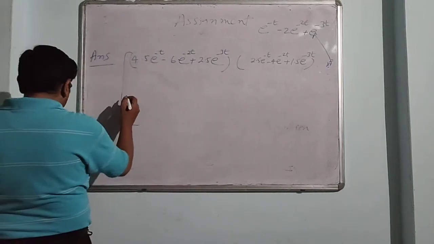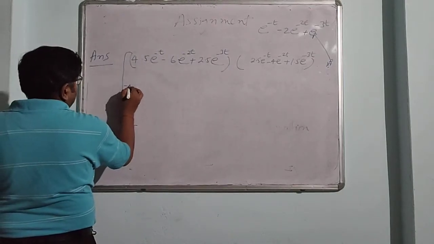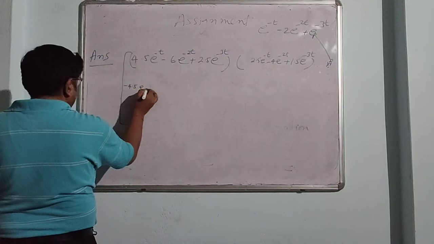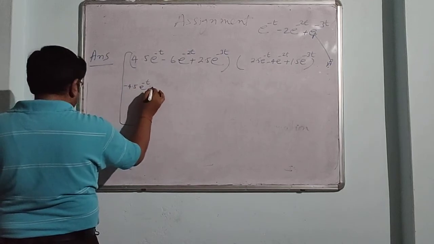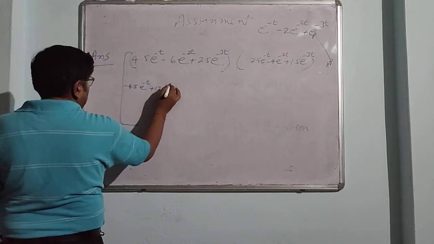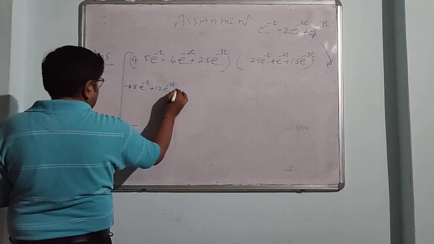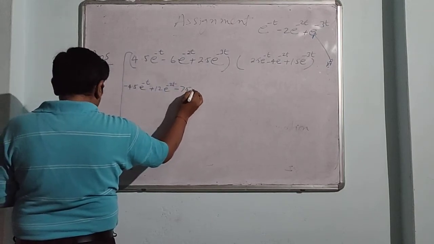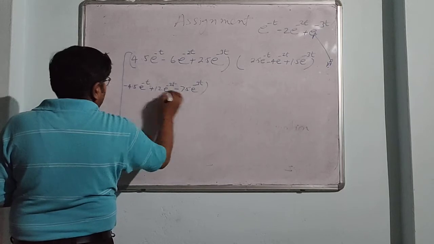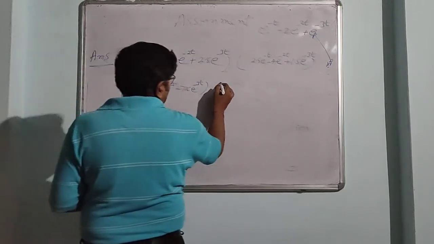Similarly for the second row, minus 4.5 e to the power minus t plus 12 e to the power minus 2t minus 7.5 e to the power minus 3t. This is the first term.